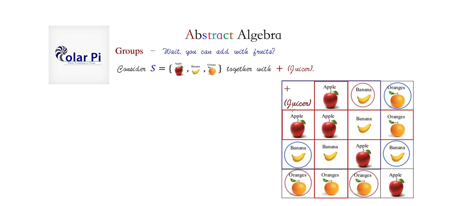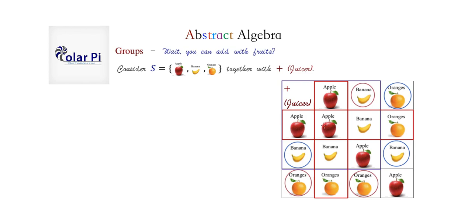That here is apple, because if you look at the two rectangles highlighted in red, vertically and horizontally, they show clearly that apple is the neutral element, because anything that combines with apple is that thing itself. So apple, when combined with another element in this set, does not change that element, and therefore apple is the identity element. So one of the requirements is fulfilled.